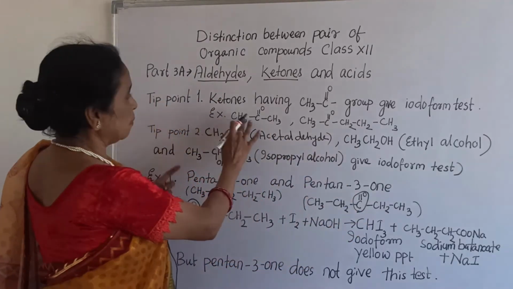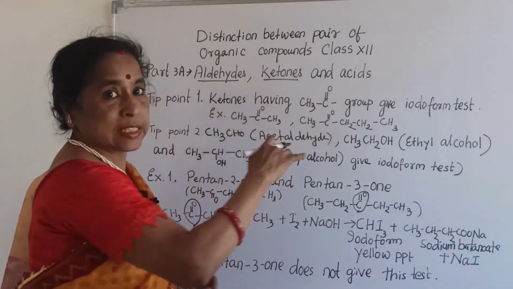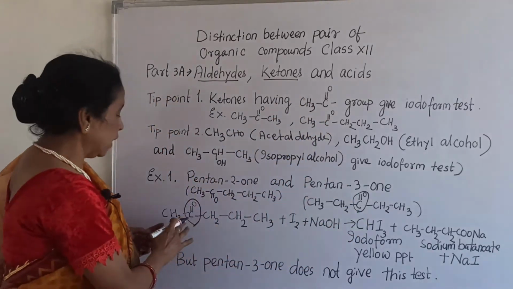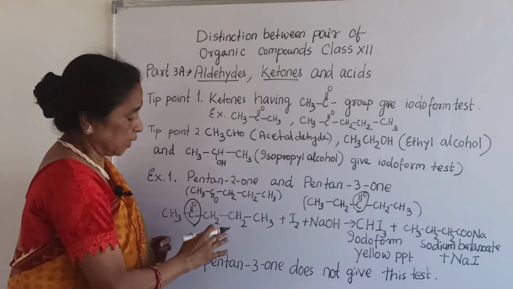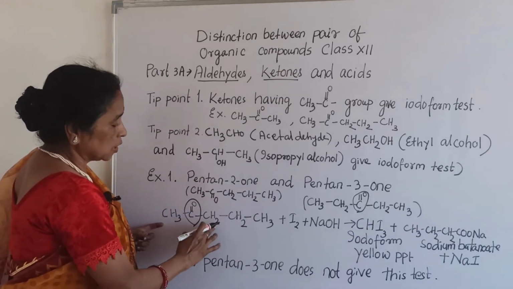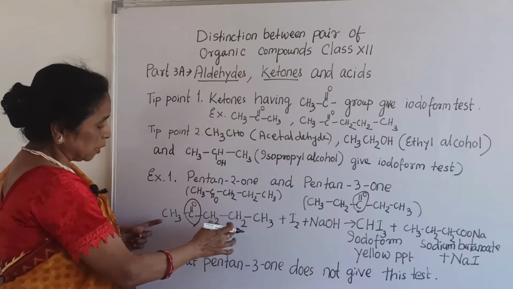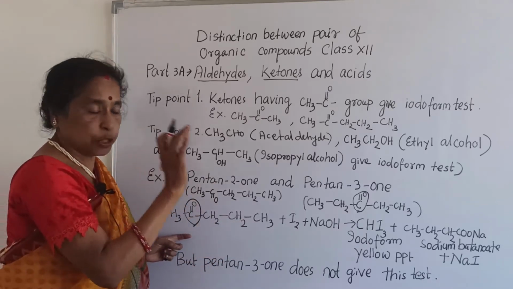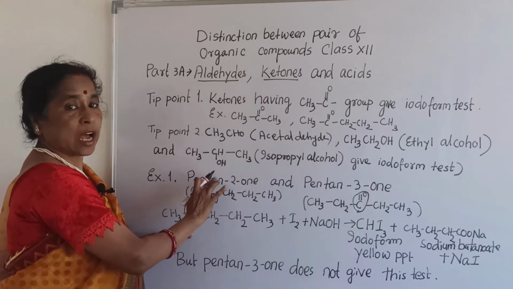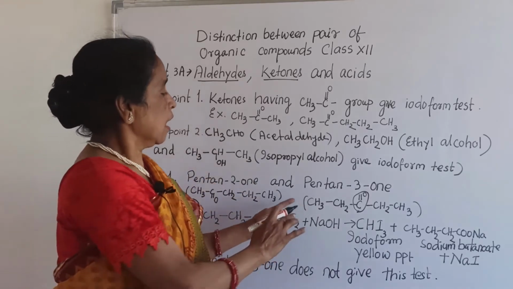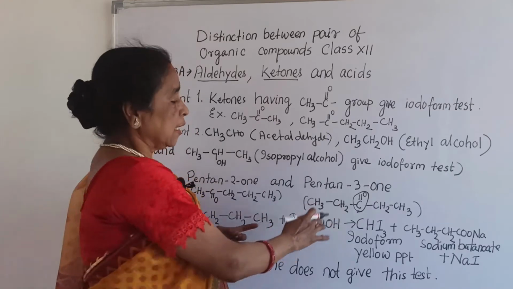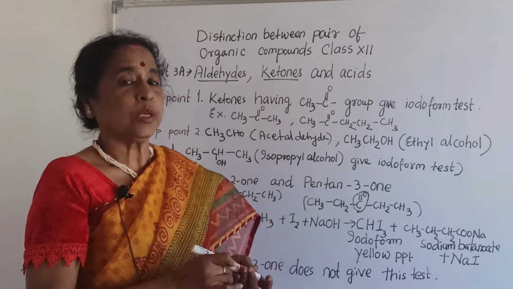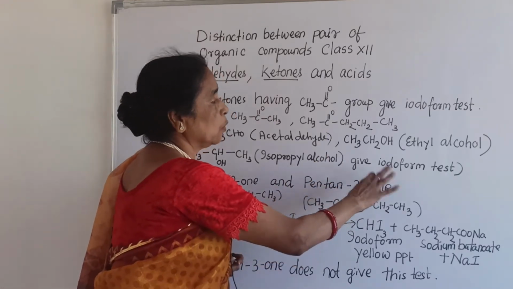But what is the tip point I told? If the CH3CO group is present, then only it will give the iodoform test. So CH3CO, CH2, CH2, CH3: you can see here 5 carbon atoms and in position 2 there is a keto group, so the name is pentan-2-one. And here there are 5 carbon atoms with the keto group in position 3, so it is known as pentan-3-one.